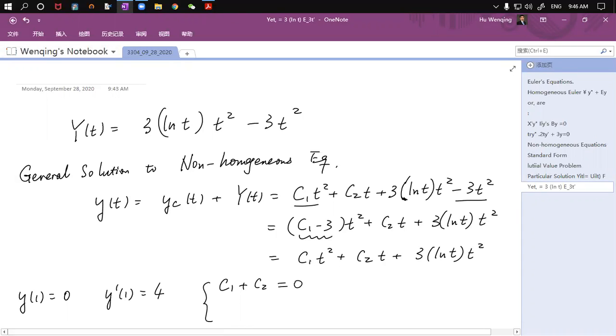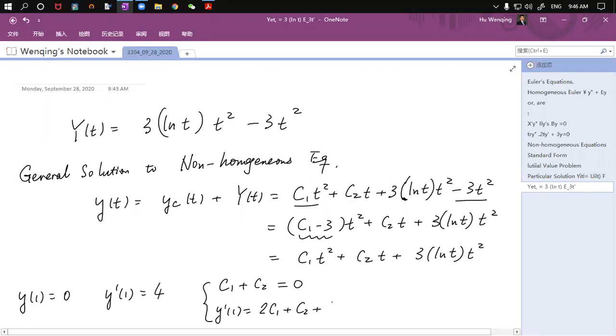And you have y prime of 1, which is actually equal to what? It is 2C1 multiplied by t, with t equal to 1, plus C2 multiplied by the derivative of t, which is C2. And then here, you have to take a derivative. So 3t squared is differentiated, multiplied by logarithm of t.